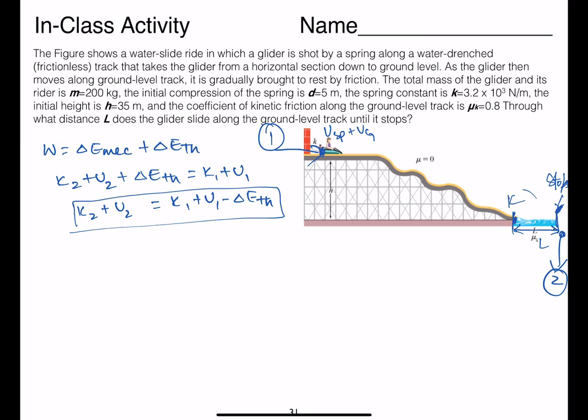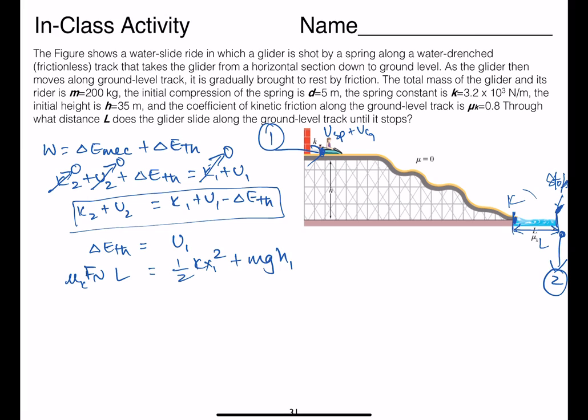So at point 2, kinetic energy is 0, potential is 0. At point 1, kinetic energy is 0. Change in E thermal equals U1. Change in E thermal is mu k times force normal times length L. At point 1 there's energy due to spring, 1/2 k x1 squared, plus m g height 1.